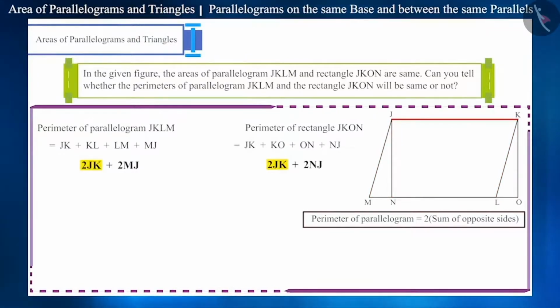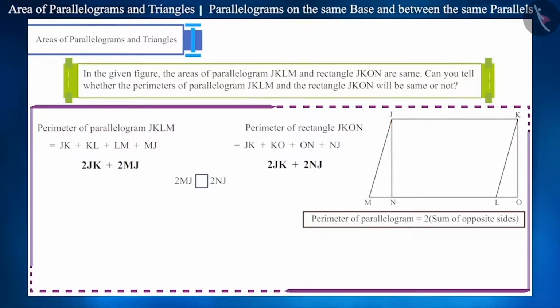Here, 2JK is common to both sides. Therefore, to compare the perimeter of parallelogram JKLM and rectangle JKON, we have to compare their sides MJ and NJ. We can write it like this.